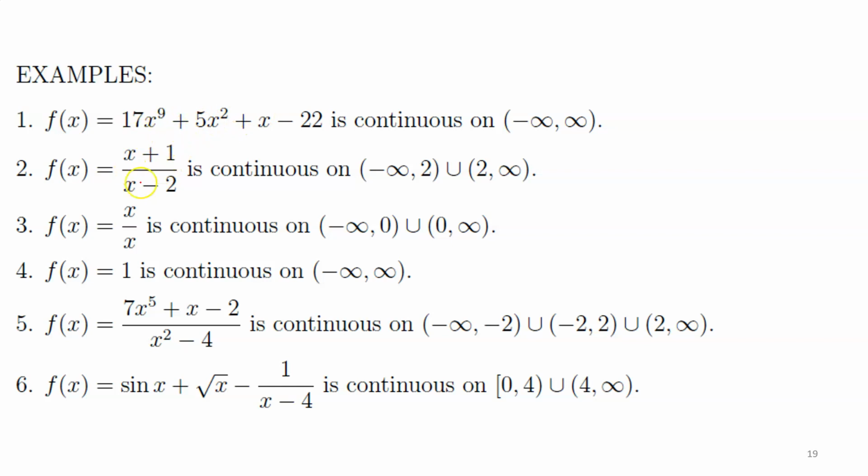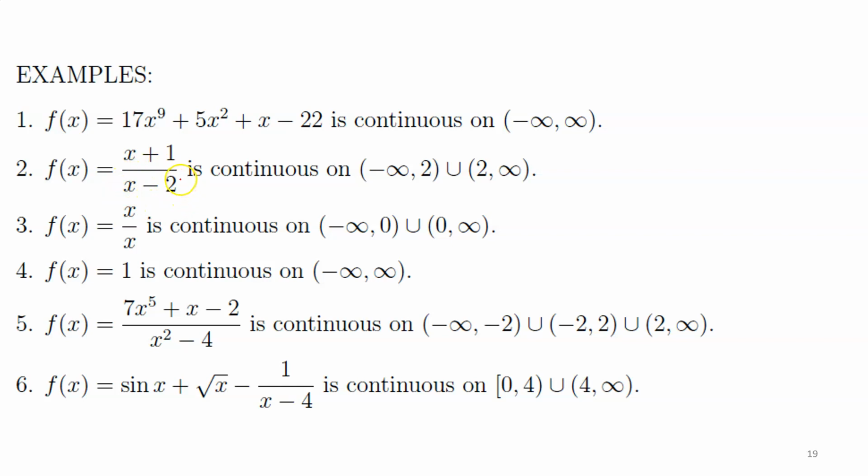And then when you have this one, rational function, okay, dia dalam bentuk pecahan, (x plus 1)/(x minus 2) is continuous wherever it is defined. Dekat mana? Dia bukan everywhere. Dia di mana? Tempat tertentu saja. For example, it starts from negative infinity until 2, and also union with 2 until infinity. But it is not continuous at x equal to 2.